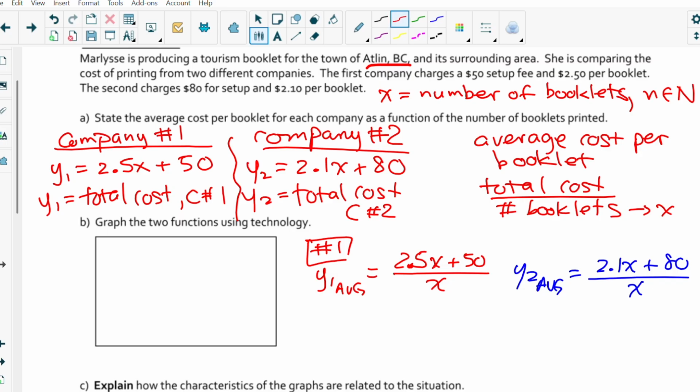So when I graph this on my graphing calculator, it looks something like this. Here is the first function, and then here's the second function, y2, and then here's y1.